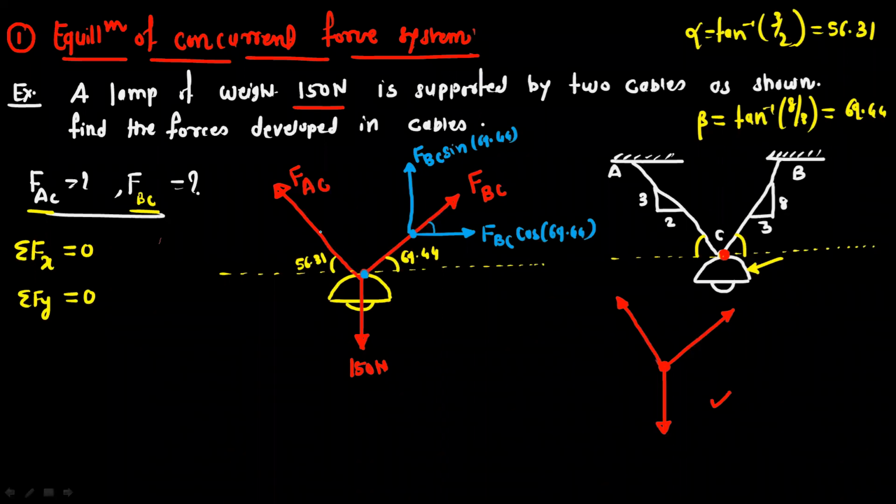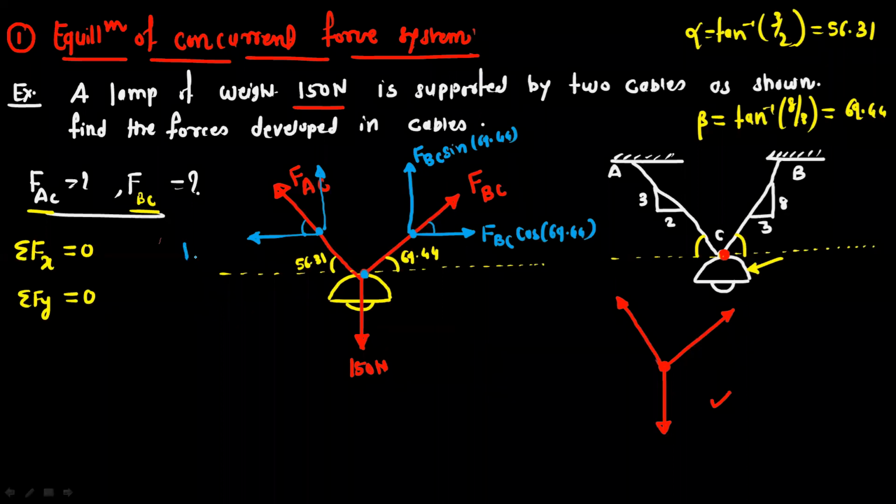Now resolve the FAC. Select a point on this line of action. Draw the vector which is parallel to the x-axis. This is the x component. Draw the vector parallel to the y-axis. This angle is 56, so this angle will be the same, 56. Now this component is the adjacent component, so it is a cos component.